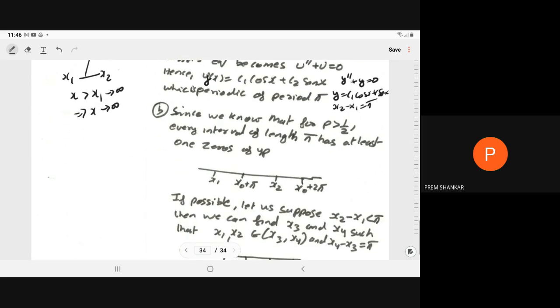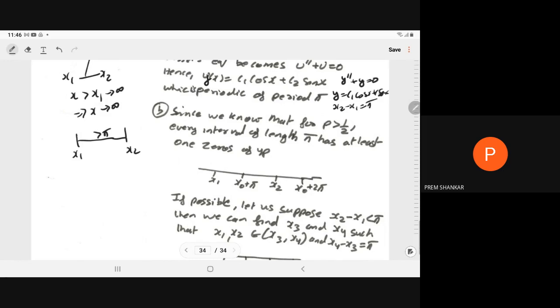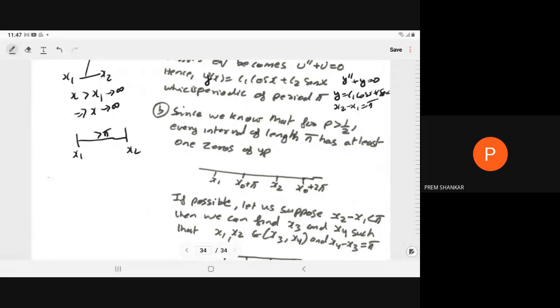Now part B. In part B, when p is greater than half, the distance between the two zeros must be greater than pi. Since we know that for p greater than half, every interval of length pi has at most one zero of yp.